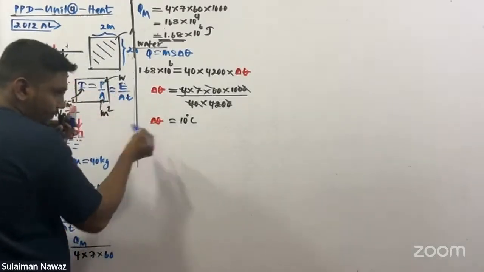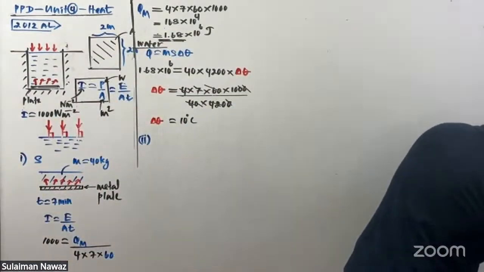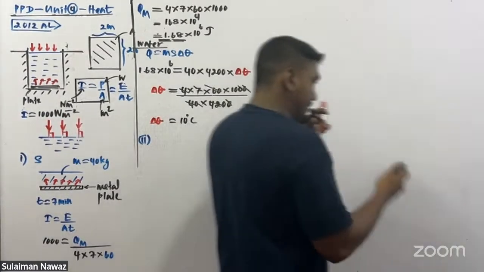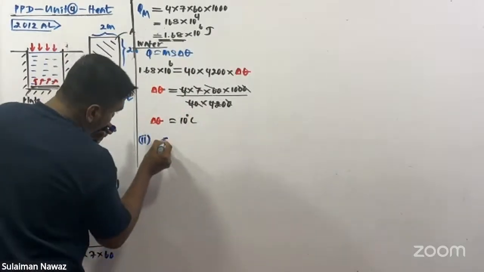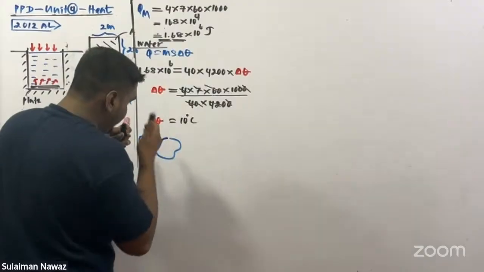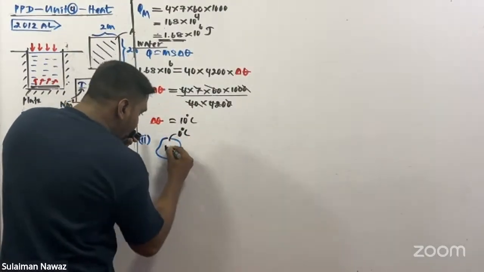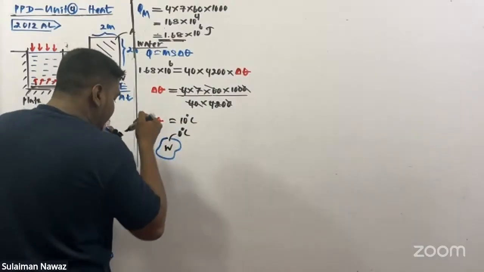There is a water sample. Let the density of water at 0 degrees Celsius be given. Initially, this water sample is at 0 degrees Celsius. Then this water absorbs heat energy.